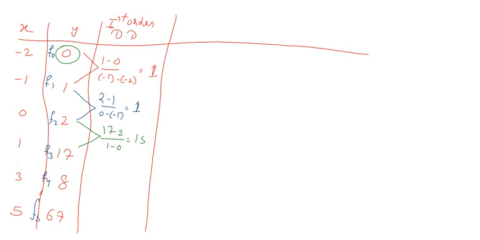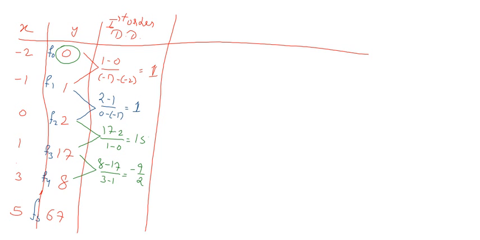Now for the fourth entry, you have 8 minus 17 divided by, f4 minus f3 divided by x4 minus x3, that is 3 minus 1. So that is equals to -9 by 2.